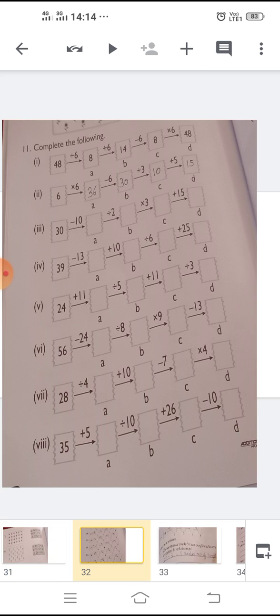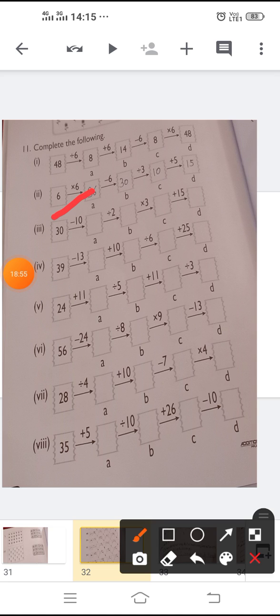Question number 11. Complete the following. First part, in this you have to see what sign they have given. According to that you have to do. I will do second part for you. First is done. Second we will see. First we have a sign of multiplication. So 6 into 6 is 36.